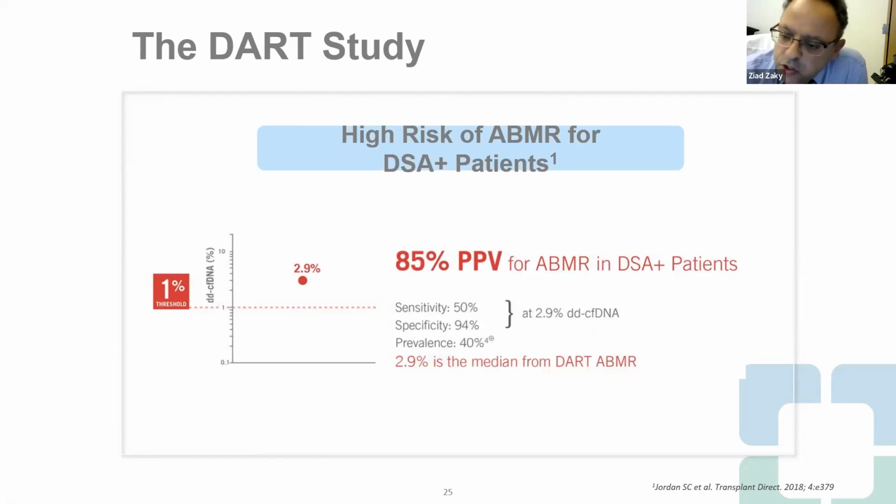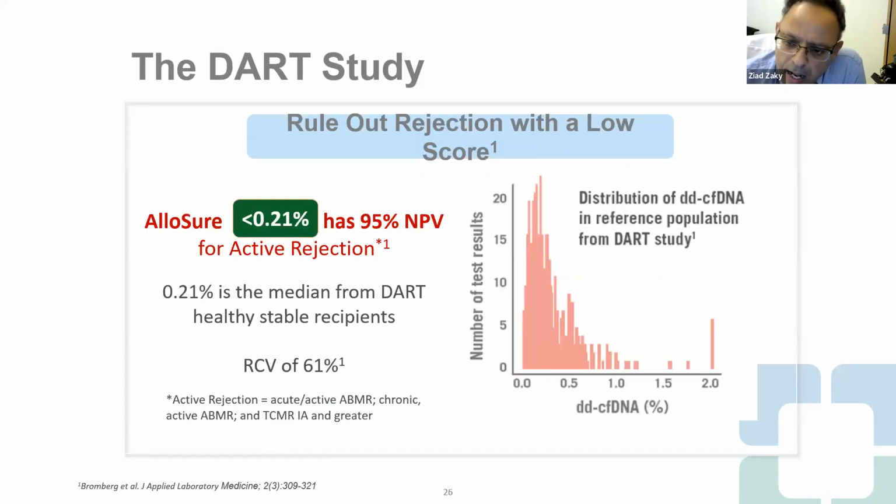Further studies showed that the median level of donor-derived cell-free DNA for antibody-mediated rejection was about 2.9%, and that was an 85% positive predictive value. Also, in the study we used AlloSure, which was a product that was available at that time.